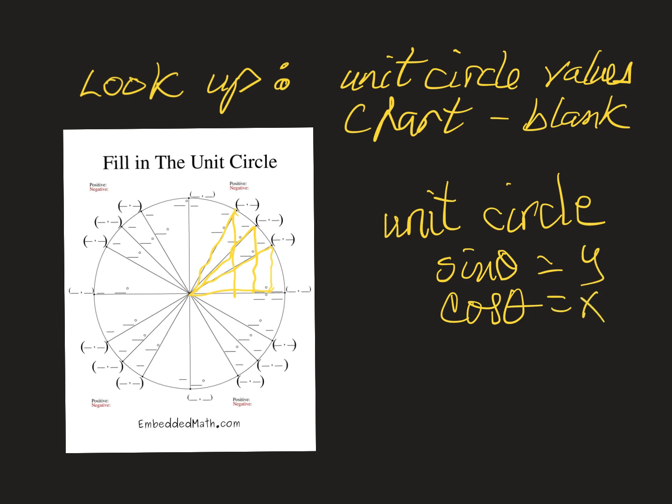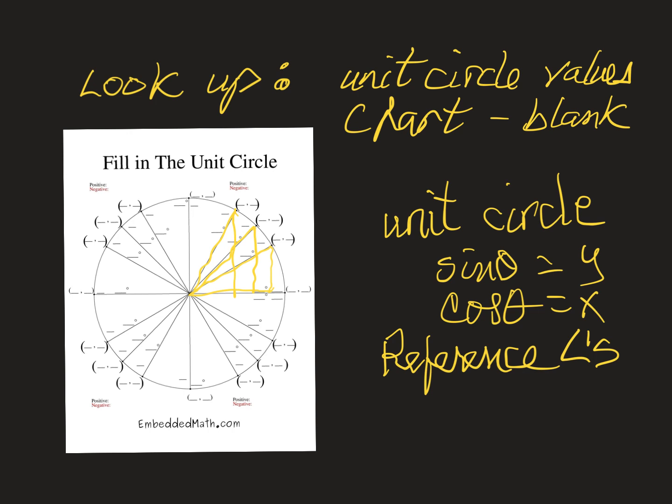And in combination with the idea of reference angles, we can now find exact values of all kinds of expressions using the unit circle, okay?